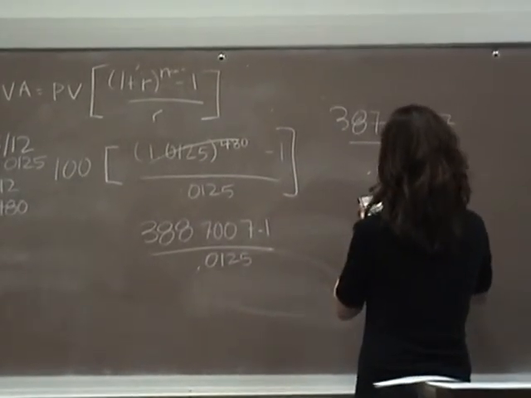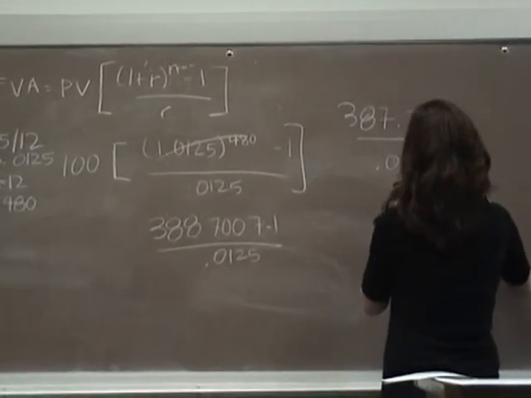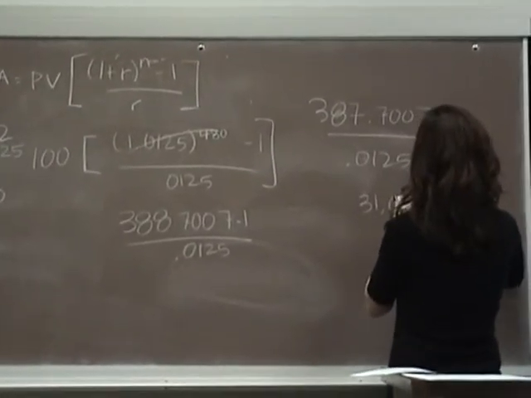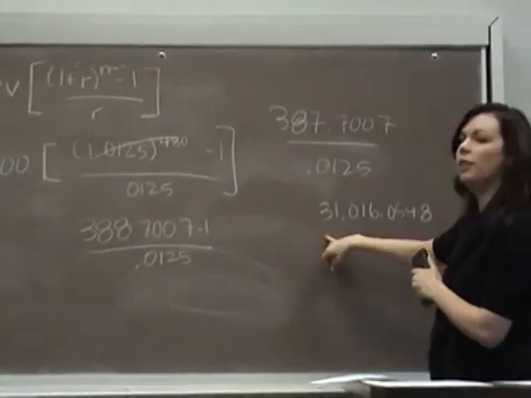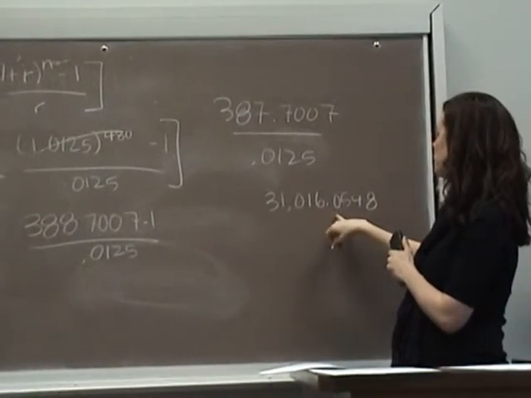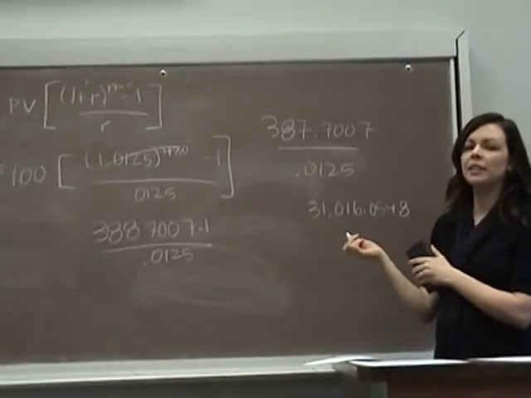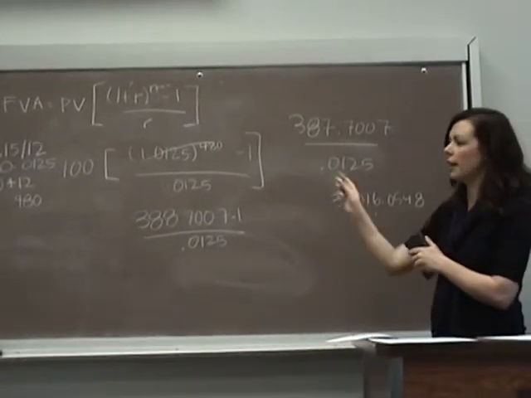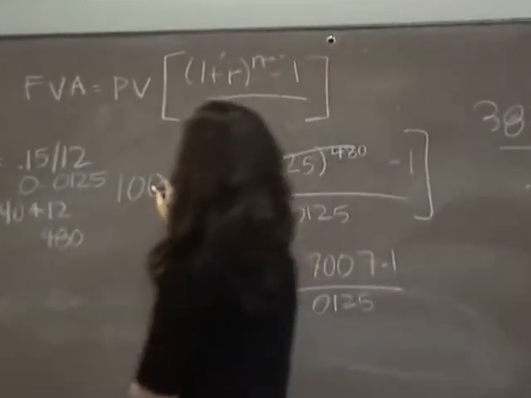This isn't even the final answer. I get 31,016.0548. Now my last step is to multiply it by my PV that I just left hanging over here.